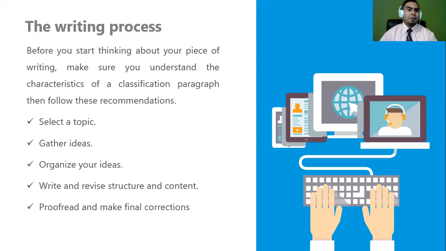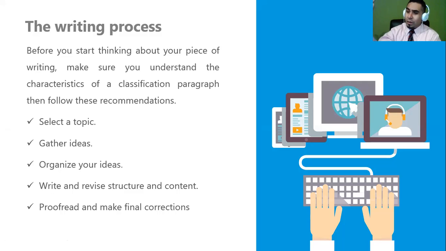Before you start thinking about your piece of writing, make sure you understand the characteristics of a classification paragraph, then follow these recommendations. Number one, select a topic. Number two, gather ideas, like brainstorming ideas, okay? Number three, organize your ideas, okay? Number four, write and revise structure and content.